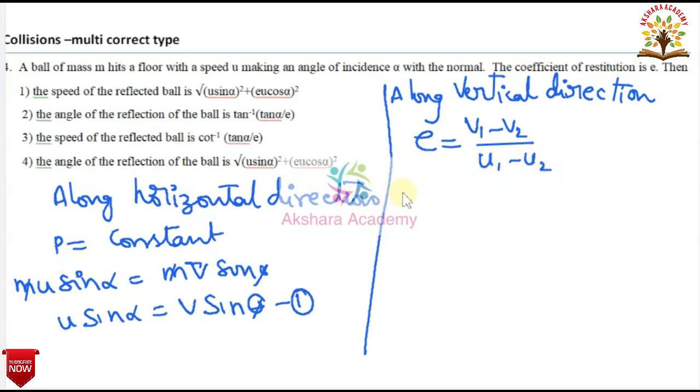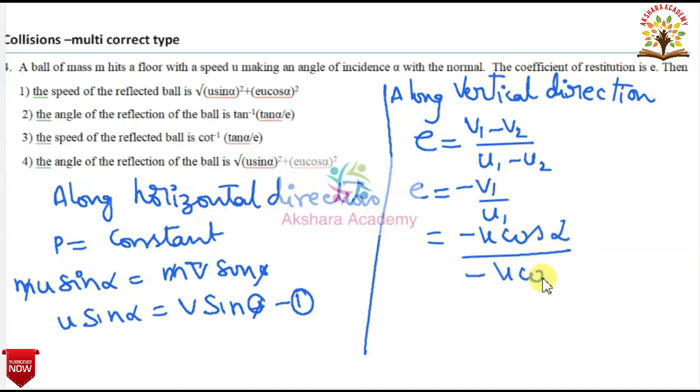So e is equal to, here we are taking v2 minus v1 by u1, that is equal to minus u cos alpha by minus u cos phi. Minus cancels.